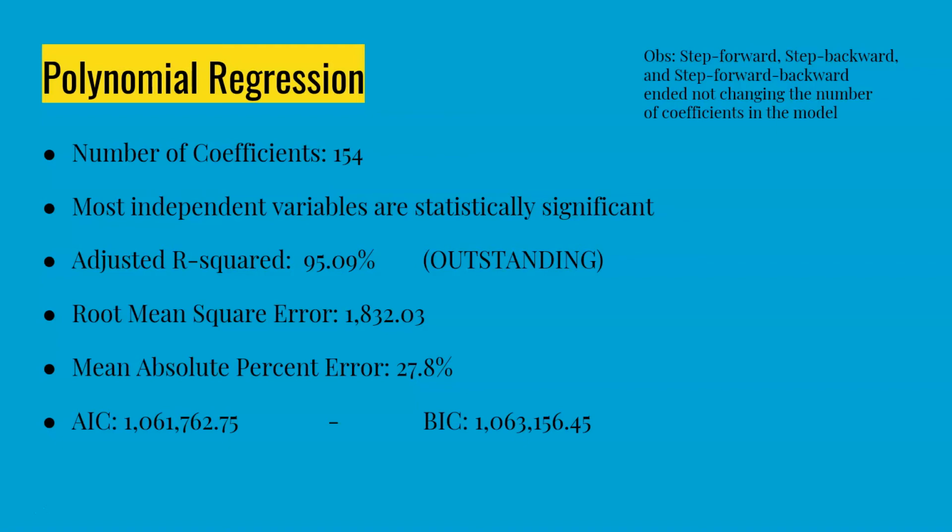The root mean squared error was 1,832, and the mean absolute percent error was 27.8%, which is way lower than our previous linear regression model. We also got the information criteria, and the step forward, backward, and forward-backward selection ended up not changing the number of coefficients in the model as well.